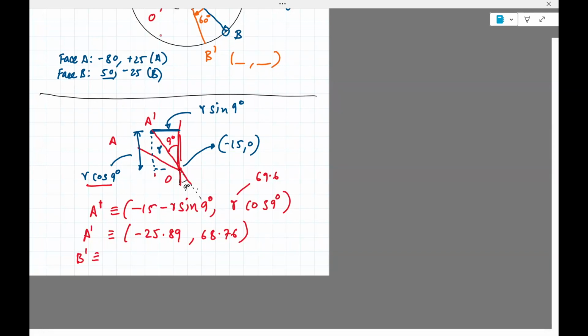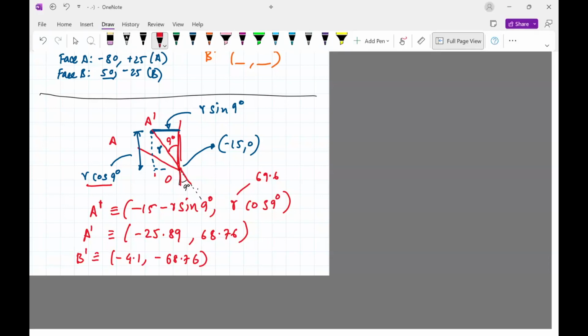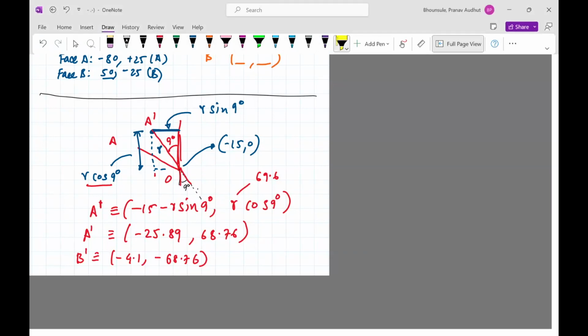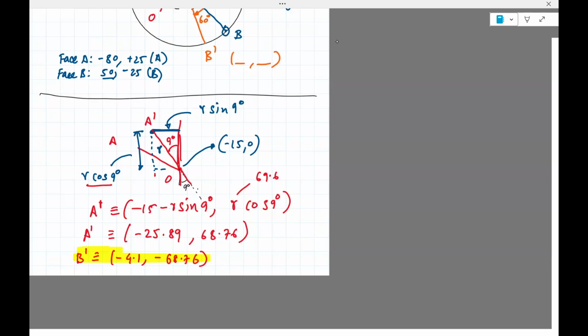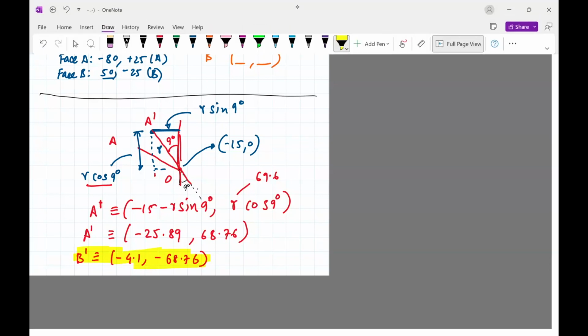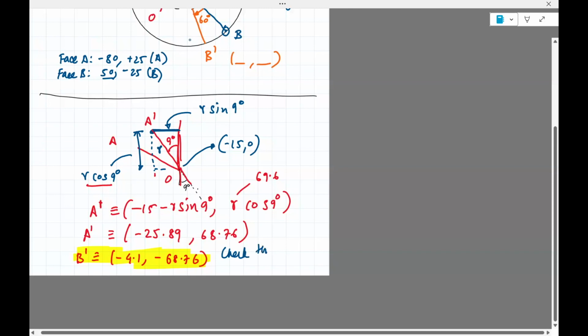It comes out to be minus 4.1 and minus 68.76, sorry. Okay. So I would like you to check this yourself using trig.